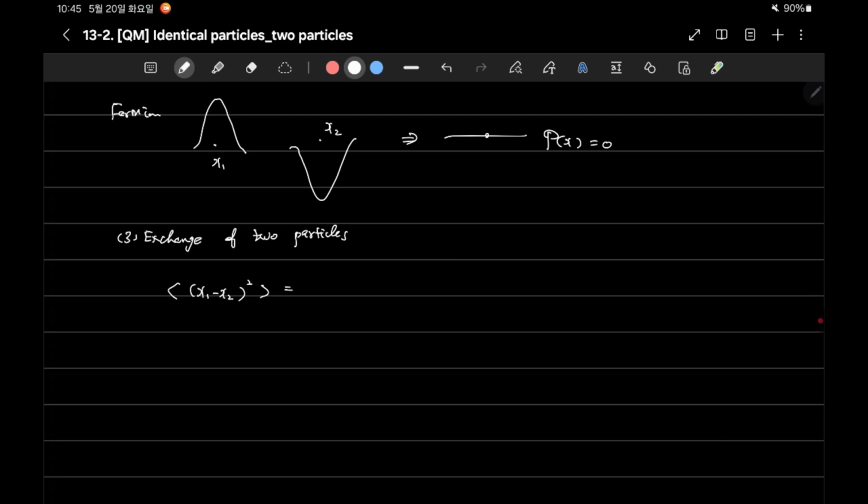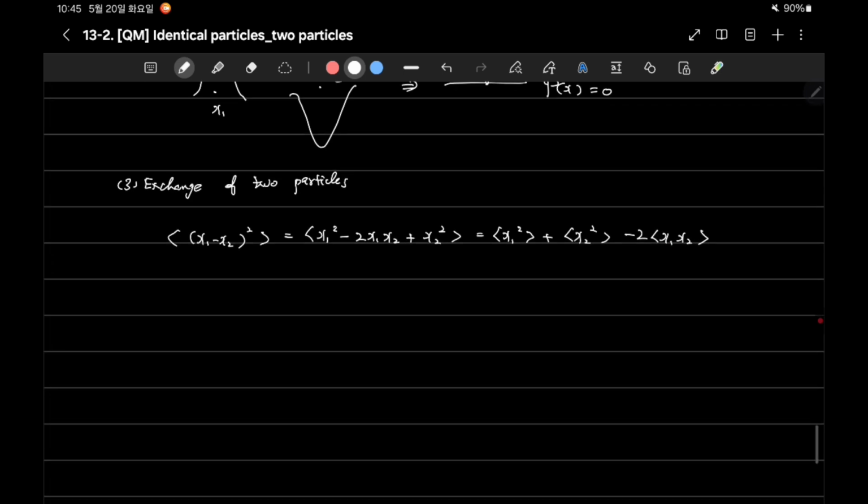So here it is x1 square minus 2 x1 x2 plus x2 square. Then it is x1 square plus x2 square minus 2 x1 x2.